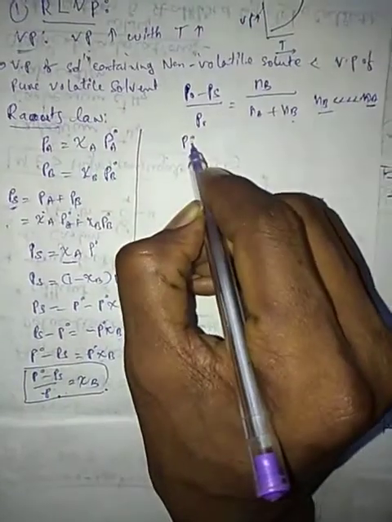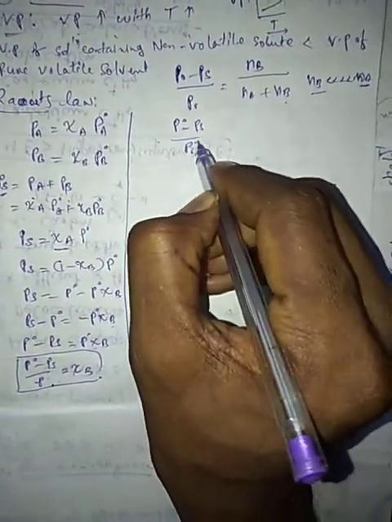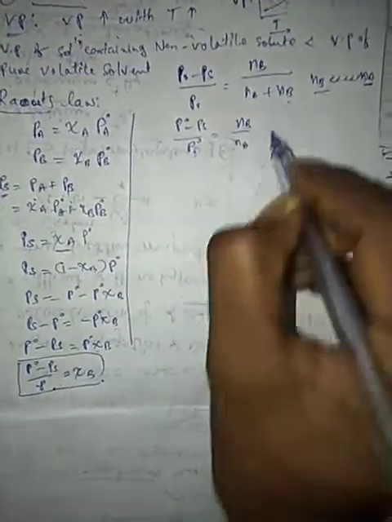Now (P naught minus PS) by P naught is equal to NB by NA.